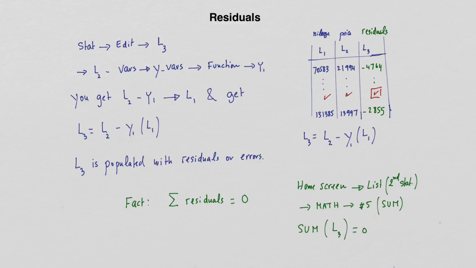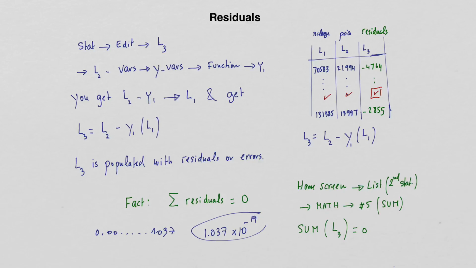Now, many of you are not going to get 0. You might get something like 1.037 times 10 to the negative 19 or something. That simply means it's 0, right? This is like 19 zeros followed by 1037, okay?